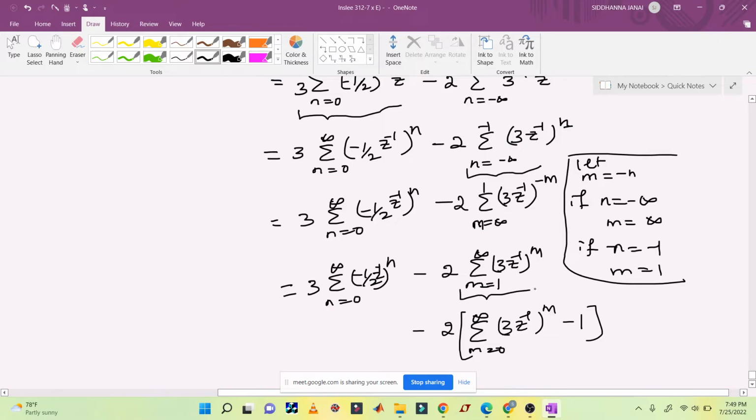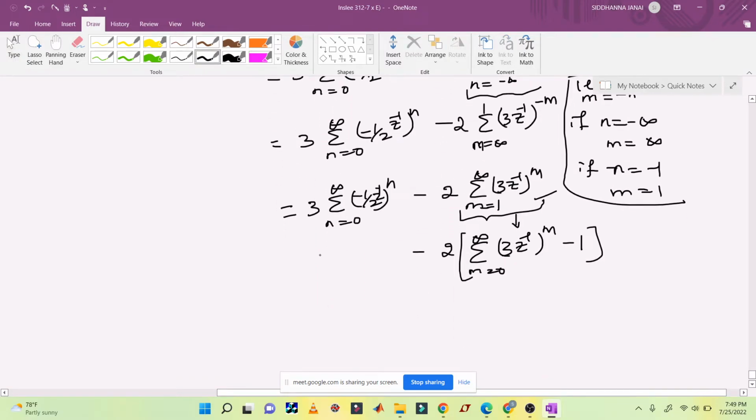If I substitute m is equal to 0, I will get 1, and 1 minus 1 will be 0. That is cancelled out. The leftover part is from m is equal to 1 to infinity. The values are there, that's why we can write this as this equation. I hope you are able to write the summation.